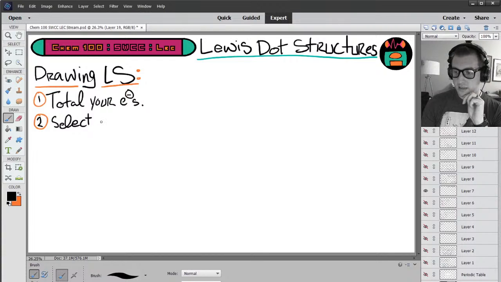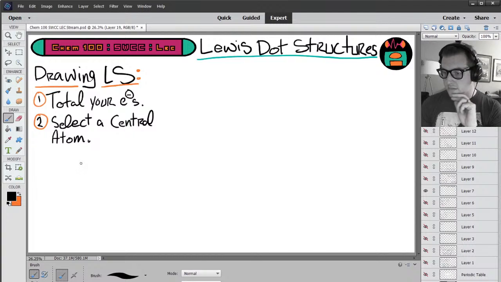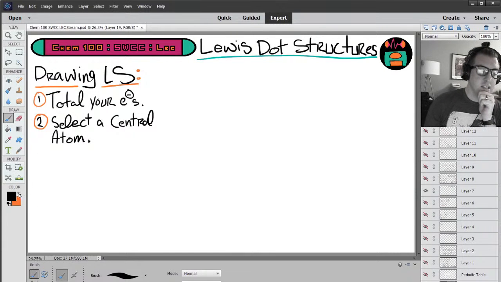Second, step number 2. Select a central atom. All right, and if you're like, how do I do that?